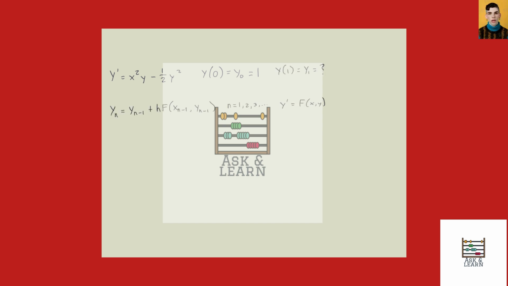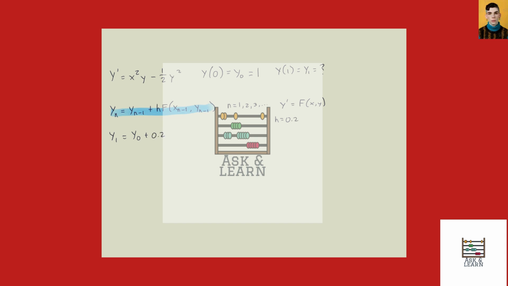So, looking at our given equation for Euler's method, displayed here, what we see is that y at x is equal to 1 is going to be equal to our initial value y0 plus our step size, which we have as h is equal to 0.2.